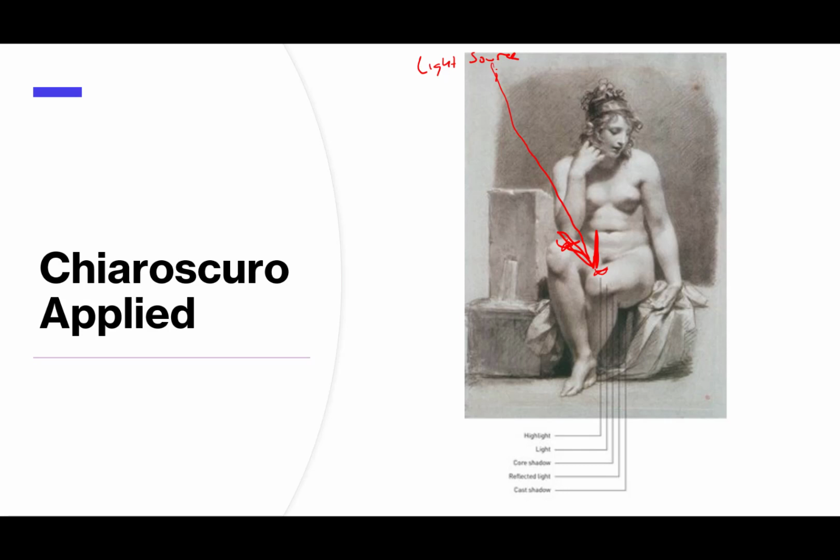Okay, and then you have the slightly darker but still lighter area. This is hard to see because it's so small. This is the core shadow right underneath the kind of knee, leg, cap kind of area. And then you have the reflected light, and then you have all of this here as the cast shadow, right? This is darker because of her leg. You also have a cast shadow here and there.